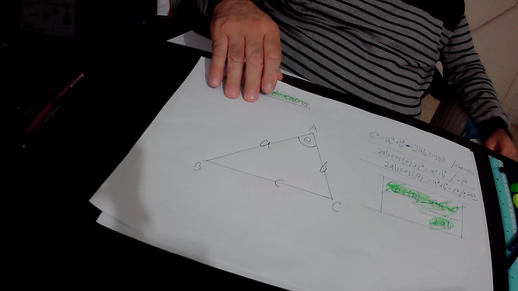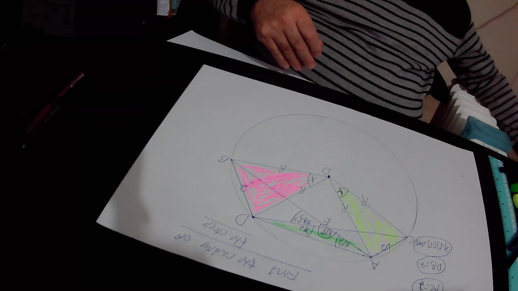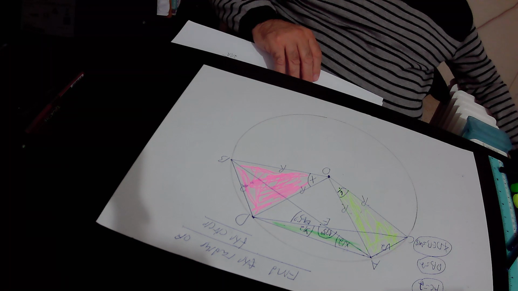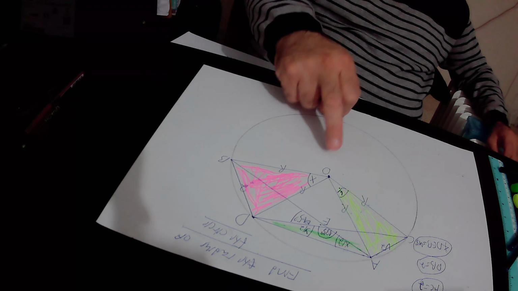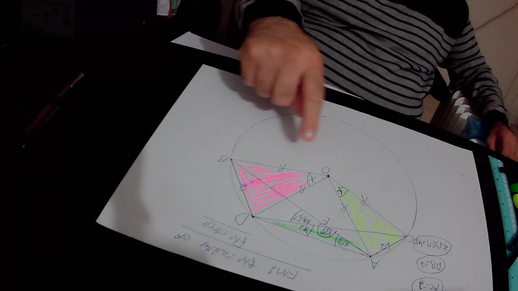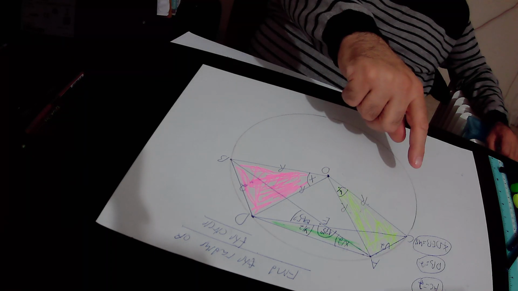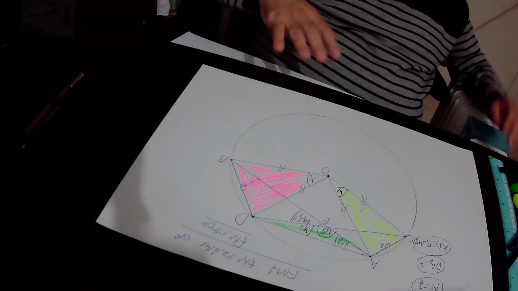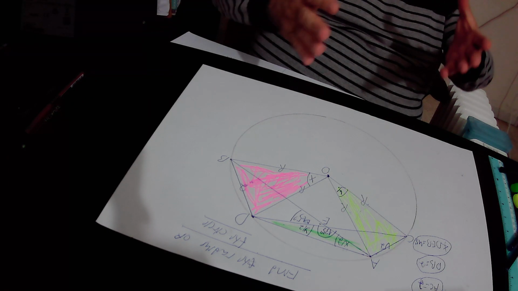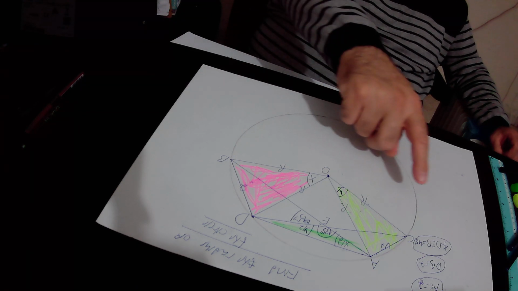Okay, so we define the center of this circle as O. We join points O and B, O and D, O and A, and O and C by a straight line. In this way, we created 4 line segments: OB, OD, OA, and OC.